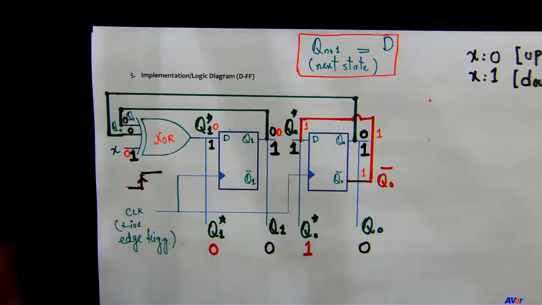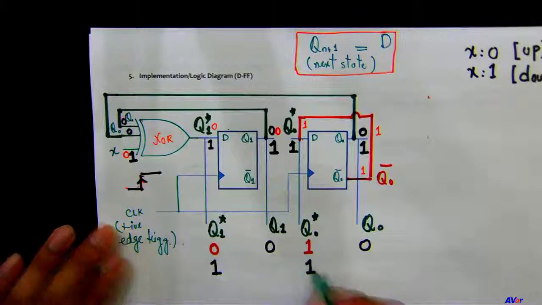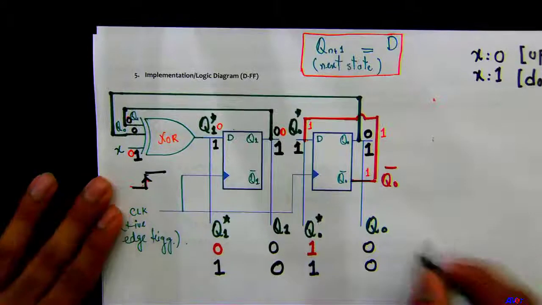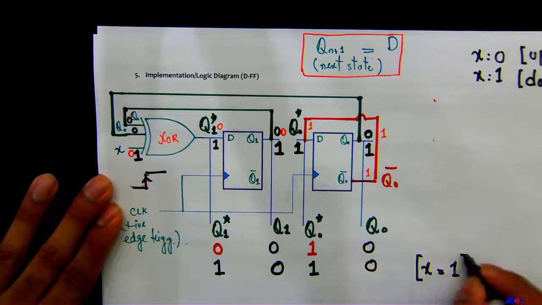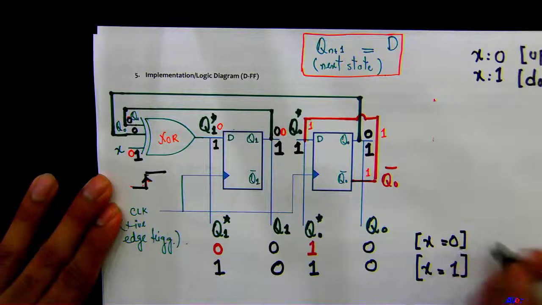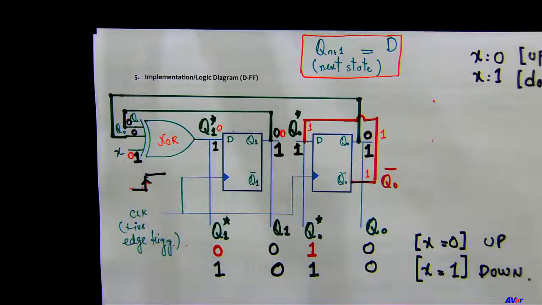So it went from 0 0 to 1 1. Initially it was 0, right? So here X was 1, here X was 0. So here it went up, here it went down. Okay. So this is your 2-bit up-down counter. Same thing, you can implement this into 3-bit, 4-bit, or 8-bit.